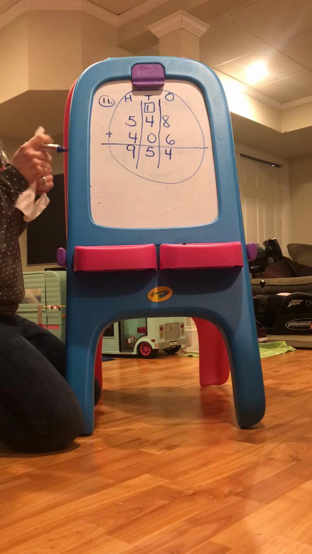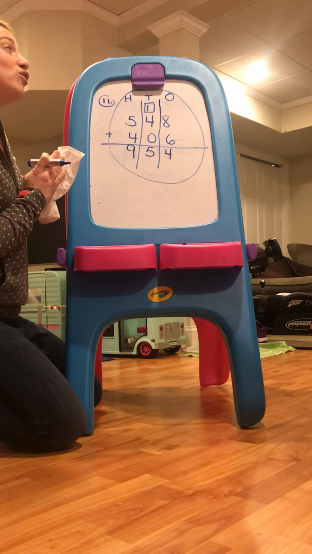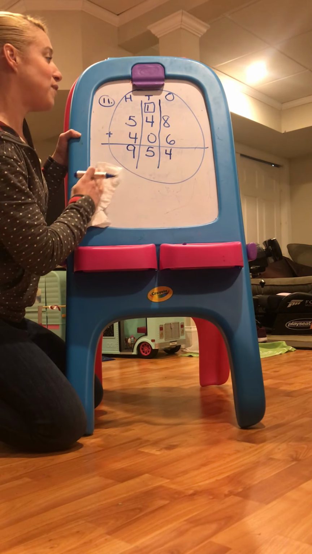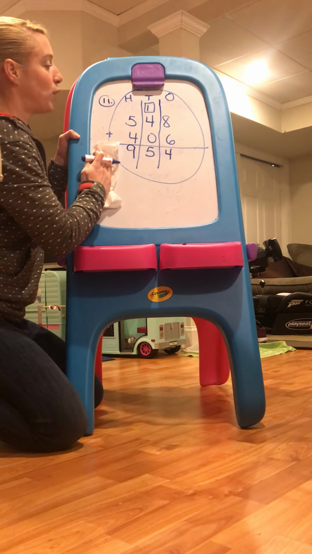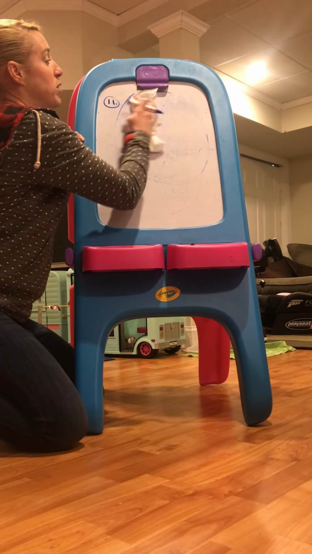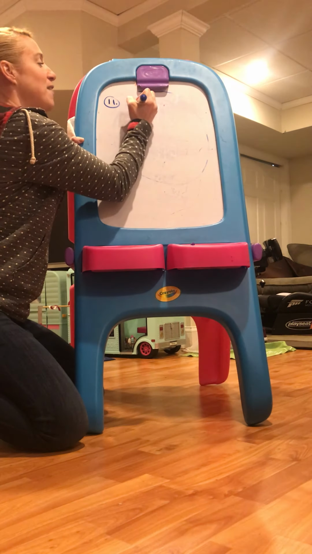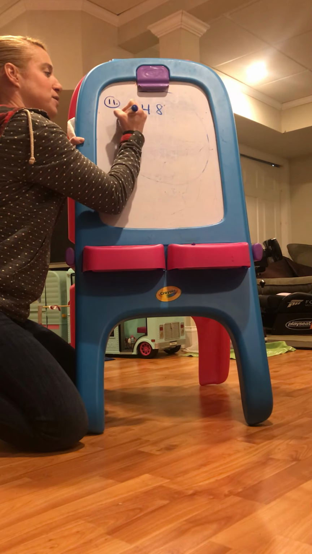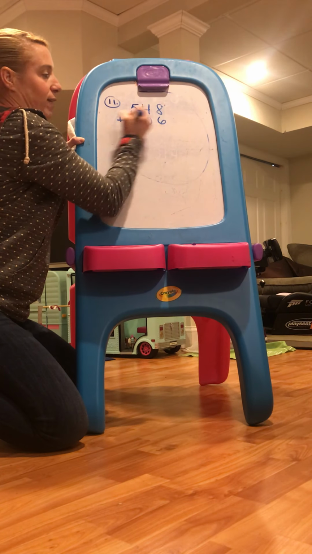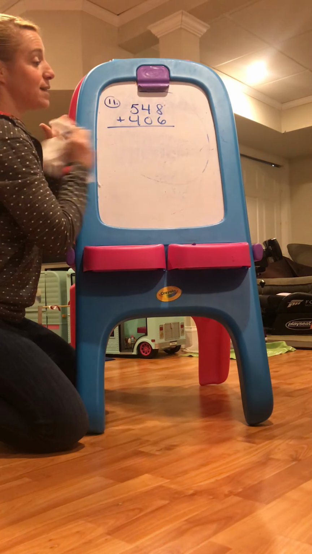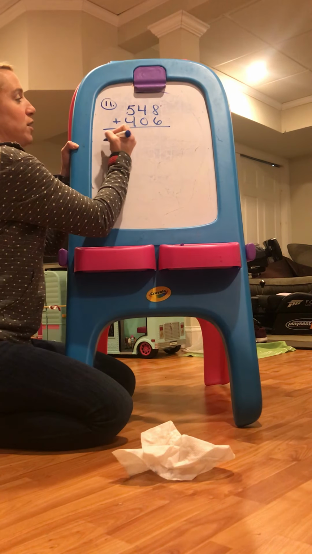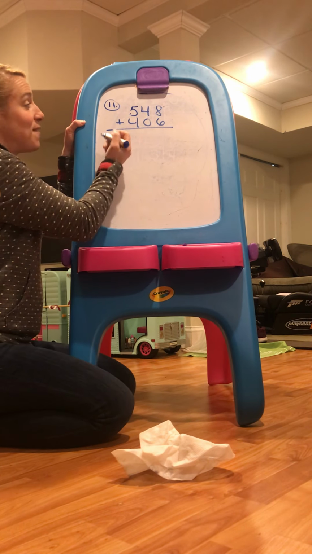Now I'm going to show you what we could do if we were going to do blocks. So 548 plus 406 with blocks. I'm going to draw blocks down here. I'm going to start with my hundreds blocks, 5 of them.